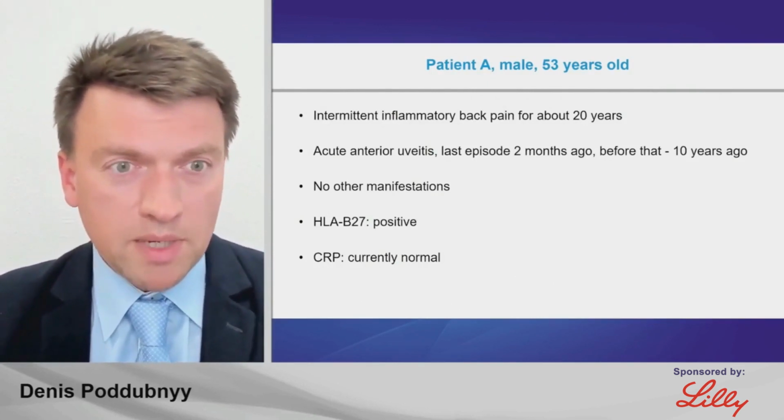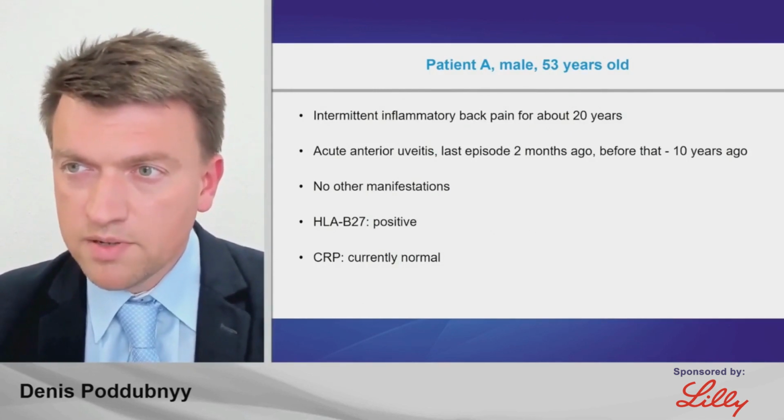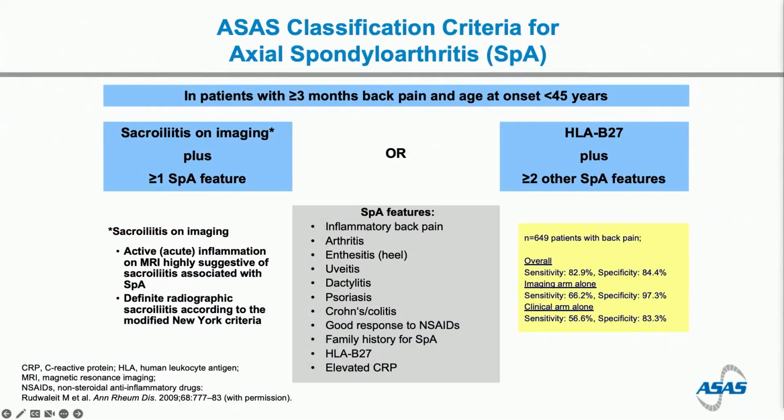You would realize very quickly that the classification criteria are fulfilled because we have a patient with chronic back pain that started before 45 years of age, who is B27 positive and has inflammatory back pain and acute anterior uveitis. But this would be a wrong approach, and we need to make the diagnosis first before we can apply these classification criteria. And this is exactly the place where imaging plays a major role in increasing the diagnostic confidence in a patient with suspicion of axial spondyloarthritis.